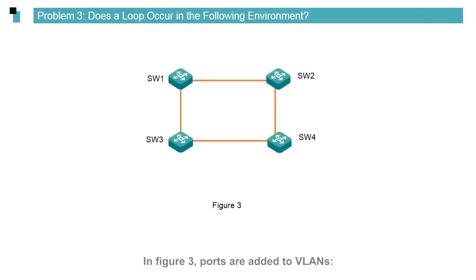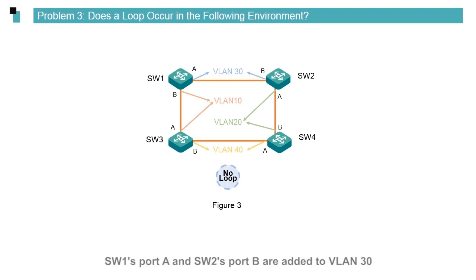In Figure 3, ports are added to VLANs. SW1's port A and SW2's port B are added to VLAN 30. SW1's port B and SW3's port A are added to VLAN 10. SW3's port B and SW4's port A are added to VLAN 40.